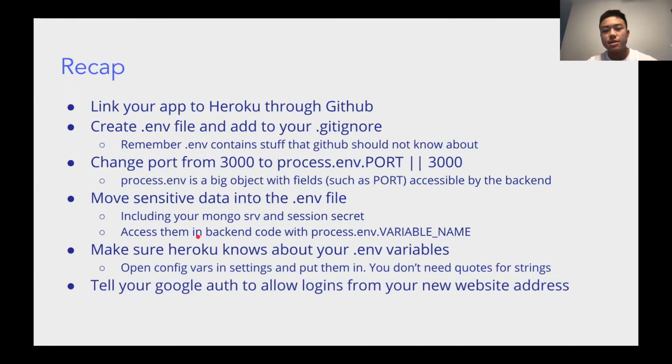And finally, we need to tell Google Auth to allow logins from our new website address. It's a lot of steps, but after you finish all of that, you can go ahead and click deploy, and your website should be online and available for everyone to see.